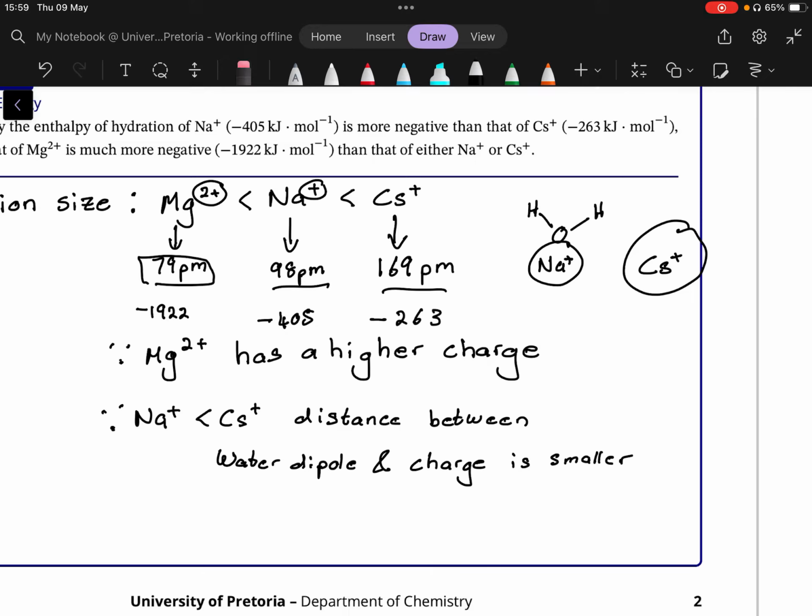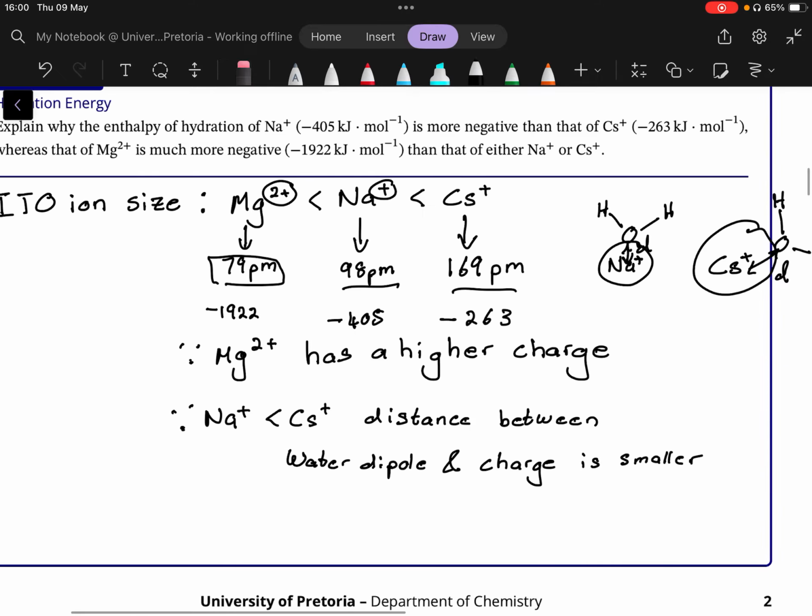This is where the water sits, and in this case, that's also where the water sits. But in this case, it is further away from the positive core than it is here. You see, those two distances differ, and if you have something closer to a positive charge, the interaction is much stronger than it is far away.